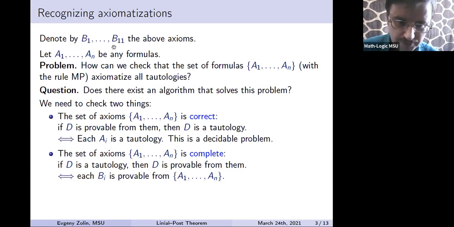If we can derive all tautologies, then in particular, we can derive B1, ..., B11. So this is an equivalent notion. But even for one particular axiom, say B1, it is not clear how to check this property. The formulas A1, ..., AN are arbitrary formulas. We don't even know that they prove any usual property of implication, conjunction, disjunction, and so on.